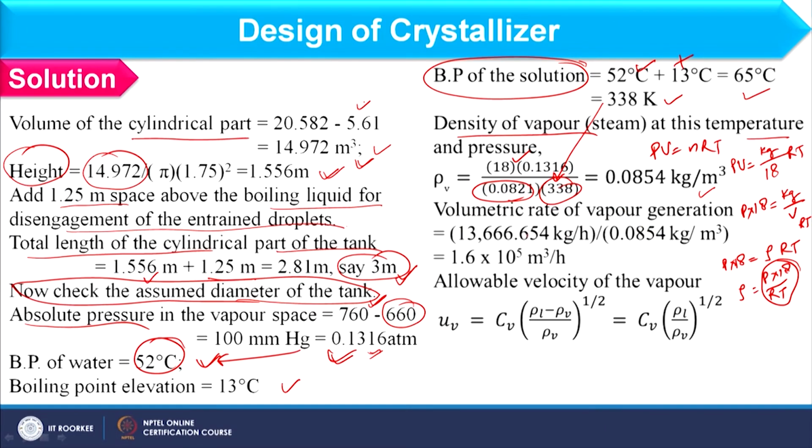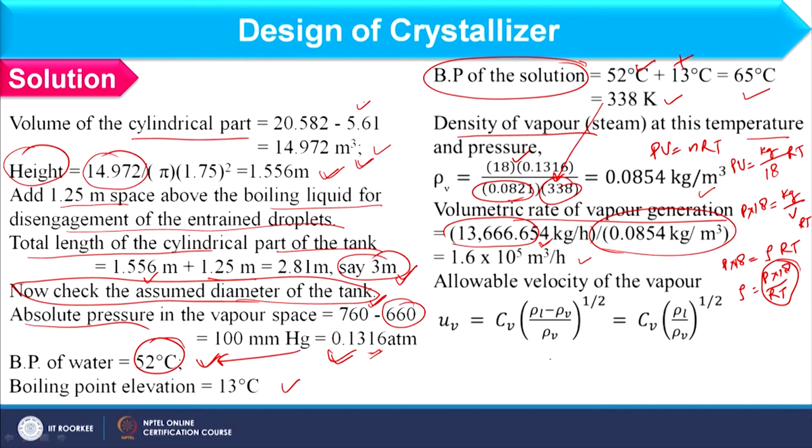Next, we have to calculate the volumetric flow of vapor generation, and that should be 1366.654, that is how much water which is leaving as vapor, that we have already calculated previously, and that should be divided by the density of the vapor, and so we can obtain volumetric flow rate of the vapor as 1.6 into 10⁵ meter cube per hour. Okay.